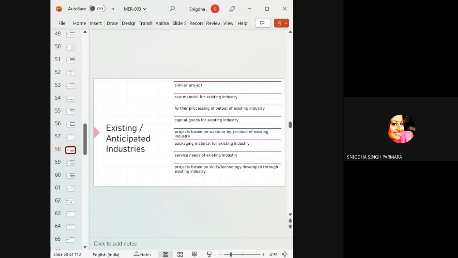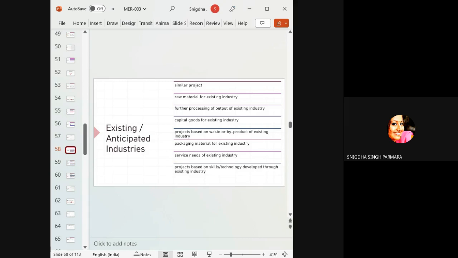Existing or anticipated industries, basically. Whenever there are already certain similar industries existing at a place, it makes the journey of an entrepreneur who's trying to enter into it very easy, because it helps them in identification of various opportunities or the resources or the threats or the hurdles that are being faced by them.